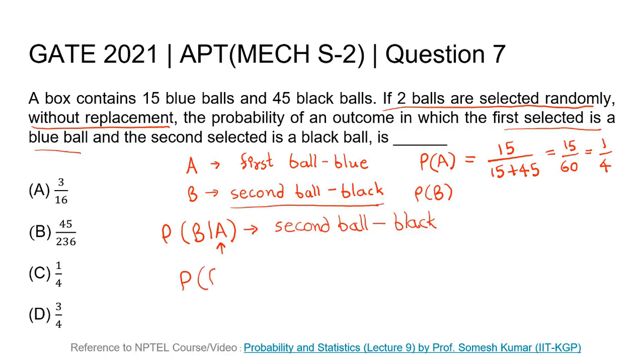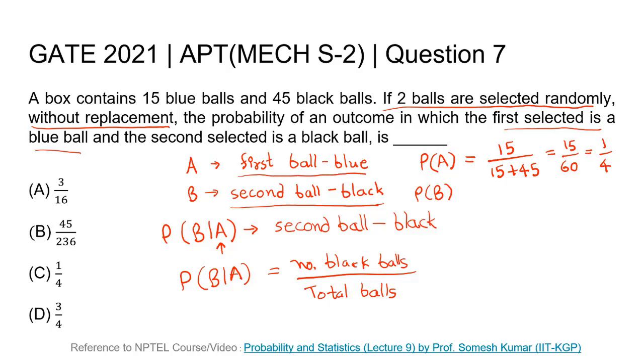So probability B given A is equals to number of black balls divided by total balls. Now in probability of B given A, we have already established that in event A, first ball selected is a blue ball.